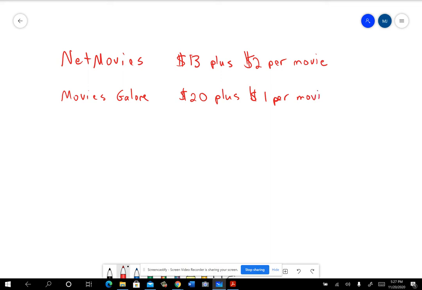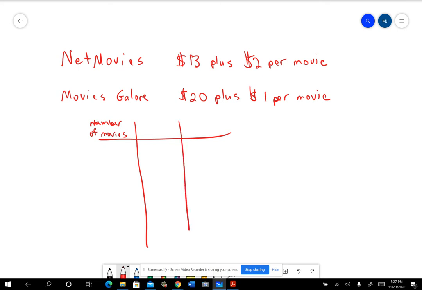So what we did at the beginning of class was we looked at the number of movies rented in a month. I'll just say number of movies. And then we looked at what the cost would turn out to be at Net Movies, and then what the cost would be at the other place, Movies Galore.